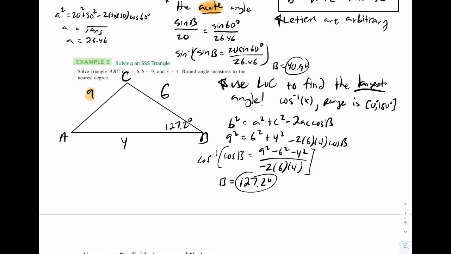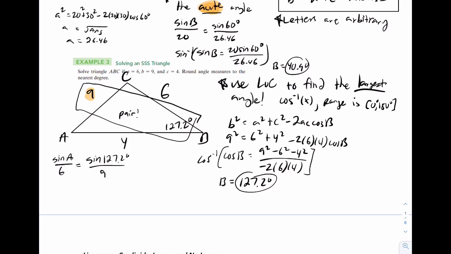From there, we're just going to use the law of sines now. And it won't matter which one we do. I'll just pick A. I'm going to write sine a over 6 should equal. And if you're confused, notice how we have a pair now. There's our pair. That's going to be sine 127.2 over 9.